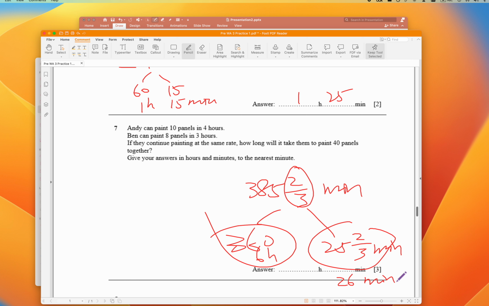So what you should do first is, I should see 360, and then I should see this 25 and 2/3. And then you take this into the decimal, then you see you need to round up. If you ignore the 2/3, you will end up with 25, which makes you wrong. You understand the approach now?